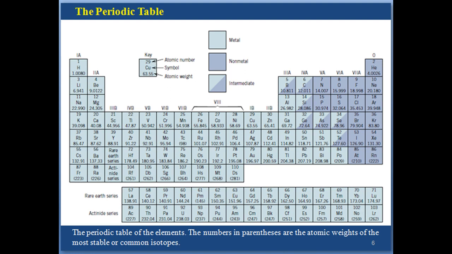The arrangement is such that all elements arrayed in a given column or group have similar valence electron structure as well as chemical and physical properties. These properties change gradually, moving horizontally across each period and vertically down each column.